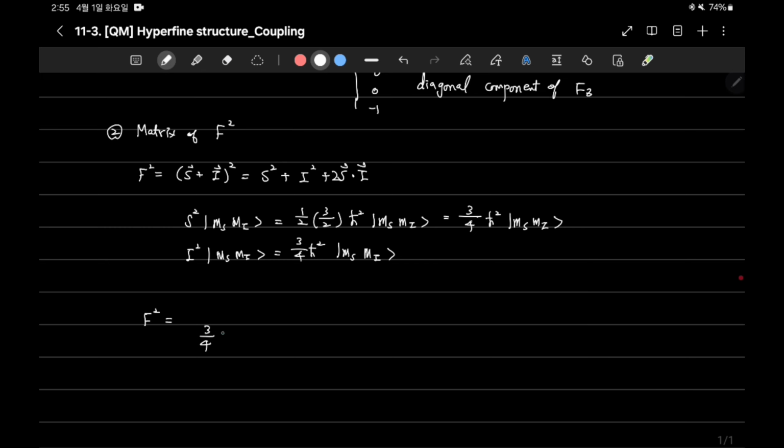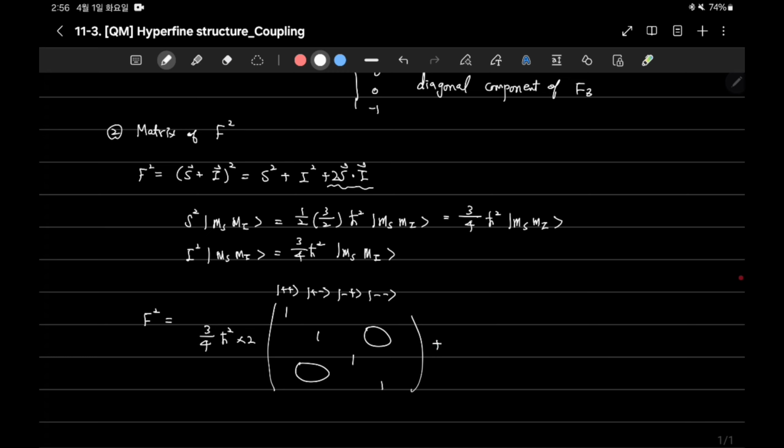So it is 3/4 h bar square times 2, and the matrix element is 1, 1, 1, 1, because for plus plus, plus minus, minus plus, and minus minus there is always the same eigenvalue, irrespective of MS and MI. And otherwise it is 0.